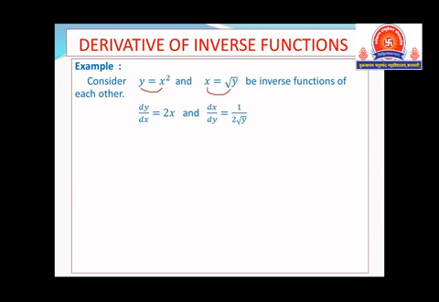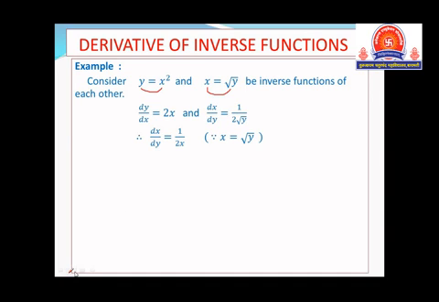So what we get, derivative of y is dy by dx and derivative of x square is 2x and derivative of x with respect to y is dx by dy and derivative of square root of y with respect to y is 1 upon 2 square root of y. After this, if we know that x is equal to root y is there, so put this value of root y here. So dx by dy gives 1 upon 2x.